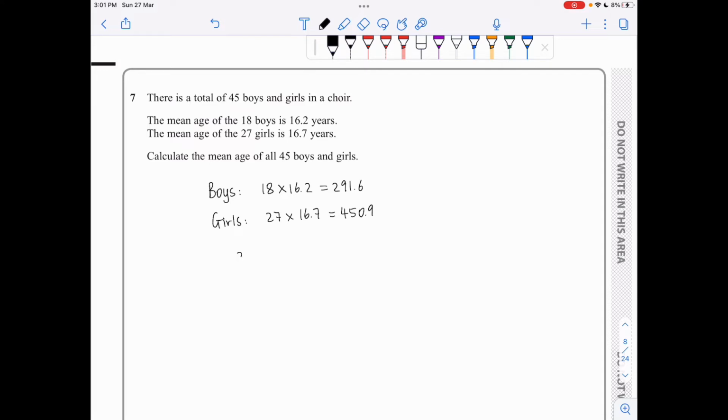If I add the 291.6 and the 450.9, I would have found the total ages of the 45 boys and girls. So if I divide by the total number of students here, 18 and 27, and plug this on the calculator, I get an answer of 16.5.